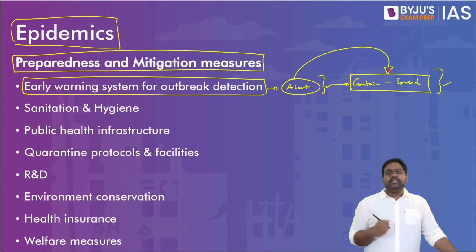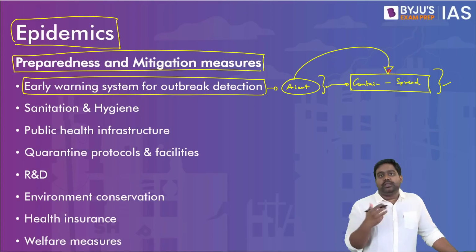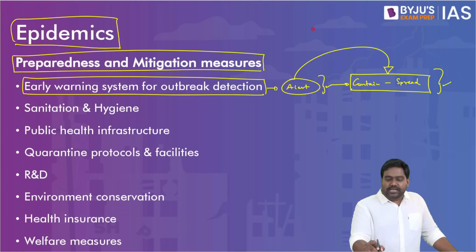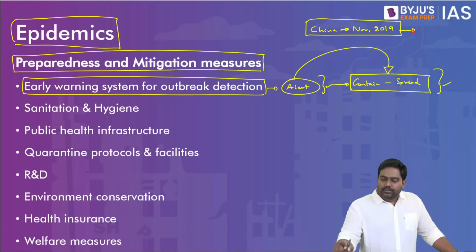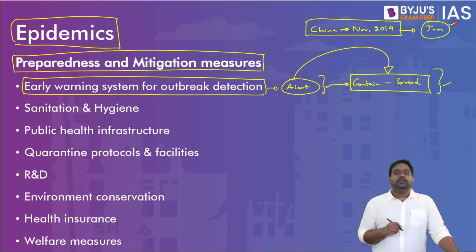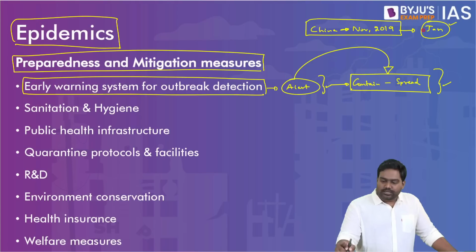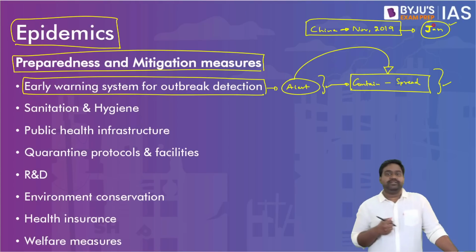Now, take COVID-19 for example. Initial reports suggest that the breakout in China was reported as early as November 2019. Until January, China kept the world under complete ignorance as it wouldn't share information regarding the emergence of a new novel virus.